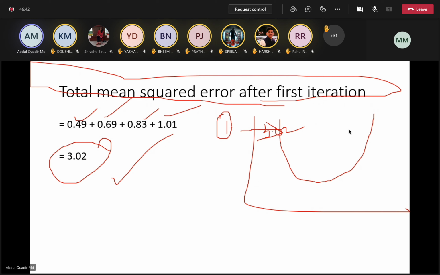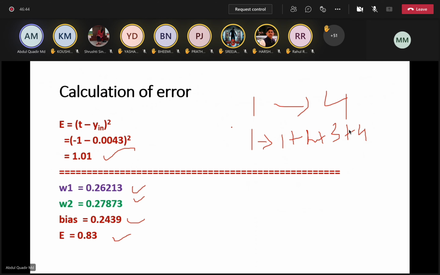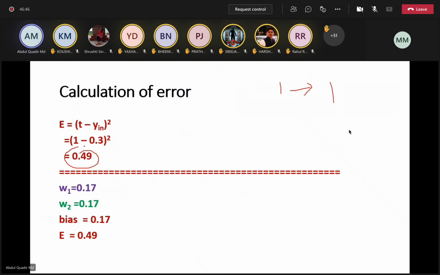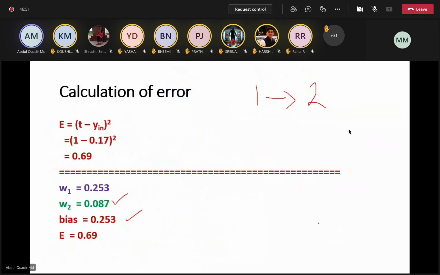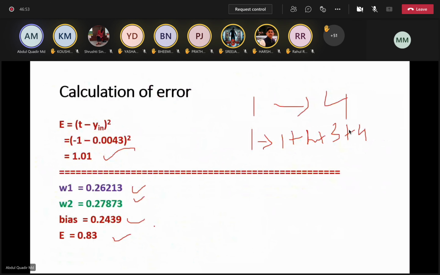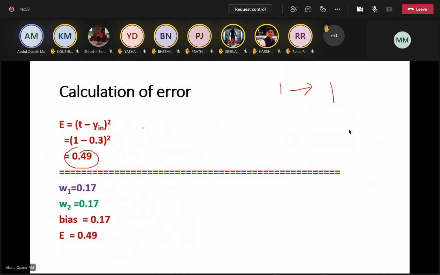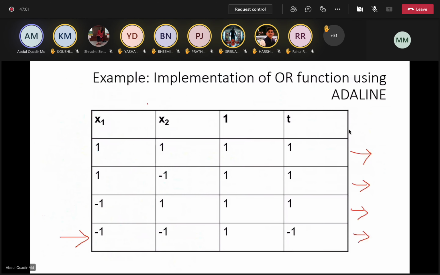Now students, the same concept I am repeating with the updated weights. What were the latest updated weights? These were the latest updated weights: 0.26, 0.27 and 0.24, W1, W2, W3.